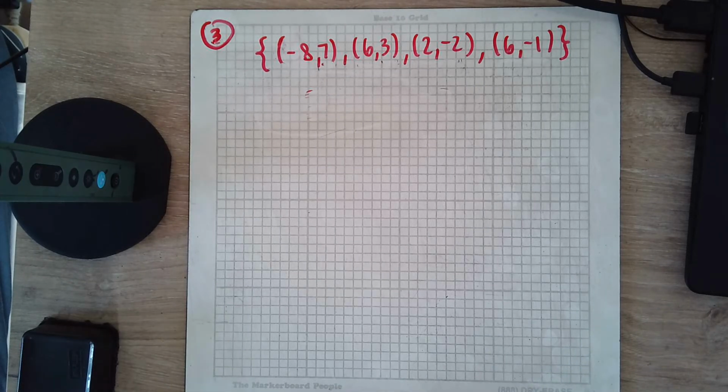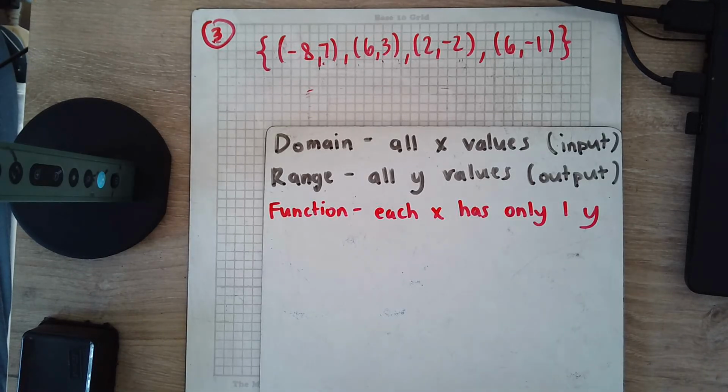All right, so problem number 3, it asks us if the relation is a function. So let's go back to the definition of what it means to be a function. If I have a function, each x has only one y. So let's go ahead and try to check that with this problem.